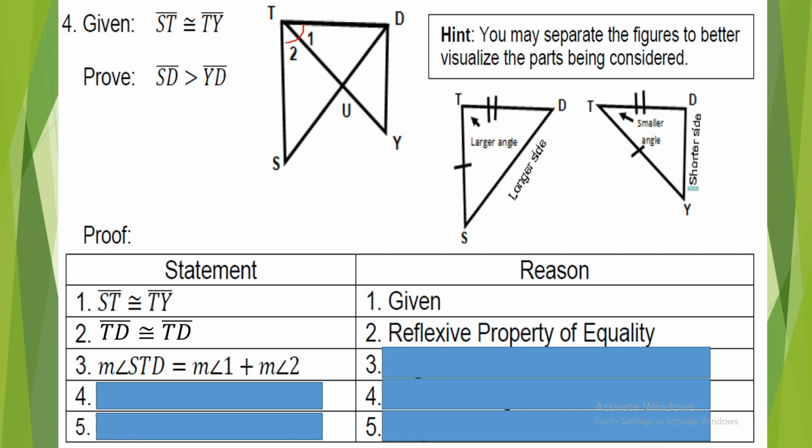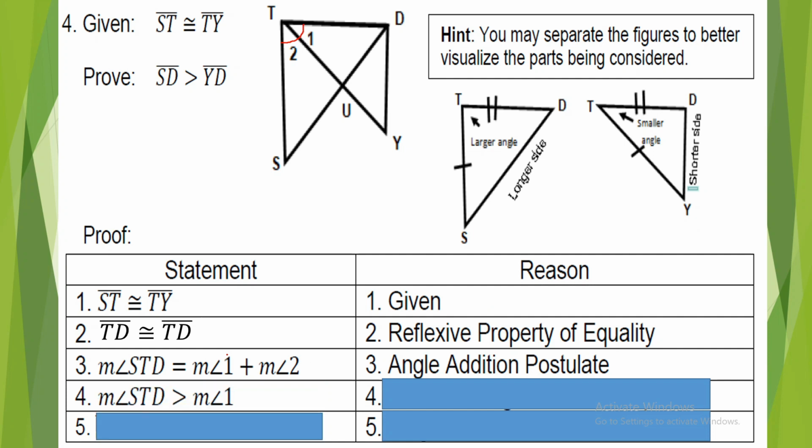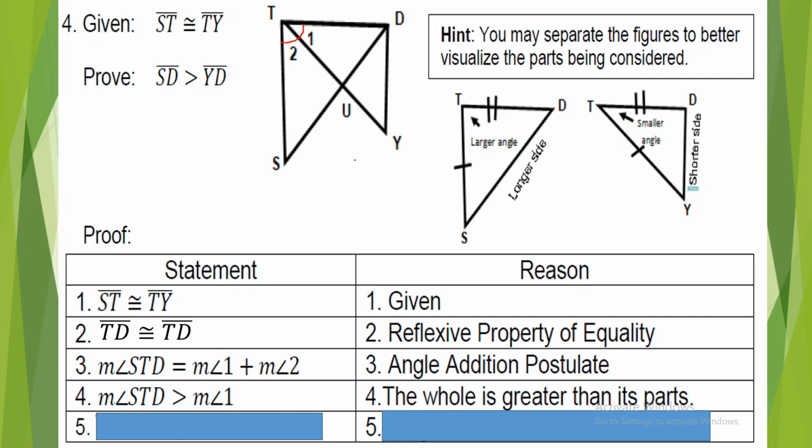So this angle is equal to the sum of the measures of angle 1 and angle 2. That is based on angle addition postulate. The whole is equal to the sum of its parts. For our fourth statement, we have measure of angle STD is greater than the measure of angle 1. We have the statement the whole is greater than its parts.